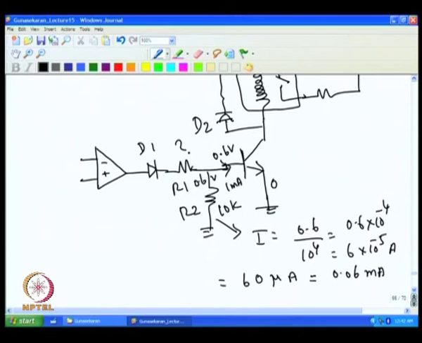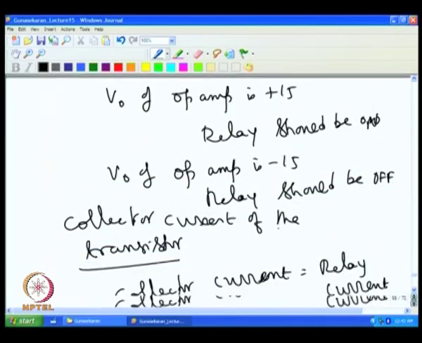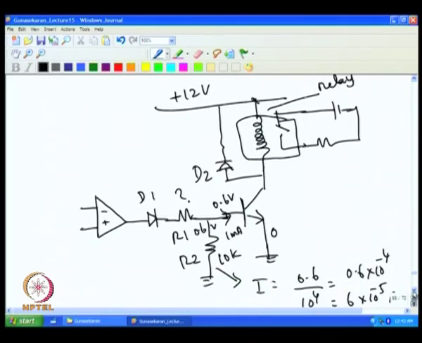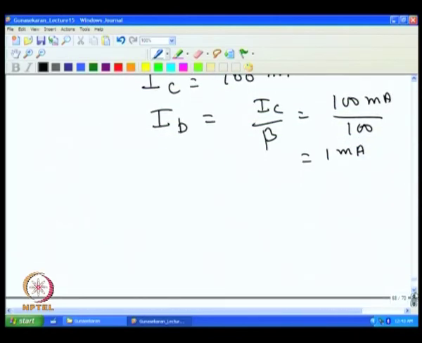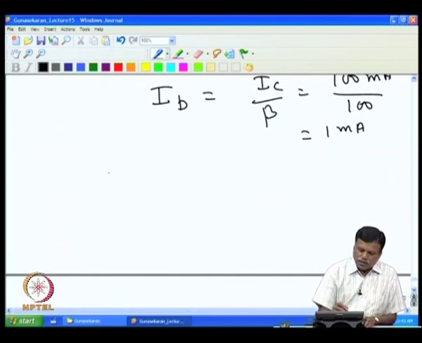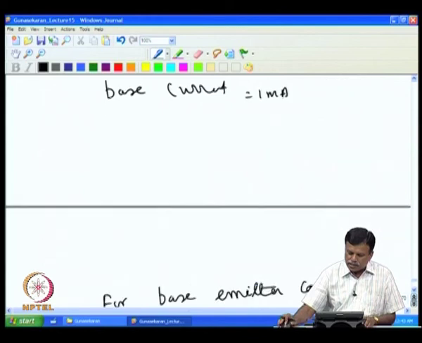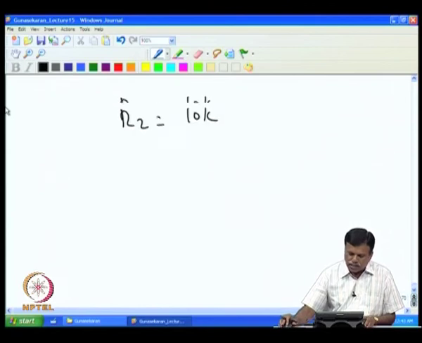So, if this current is 1 milliampere, and this current is 0.06 milliampere, then the total current through R1 will be the addition of these two. So, the base current is 1 milliampere, then the resistance R2 is 10K.